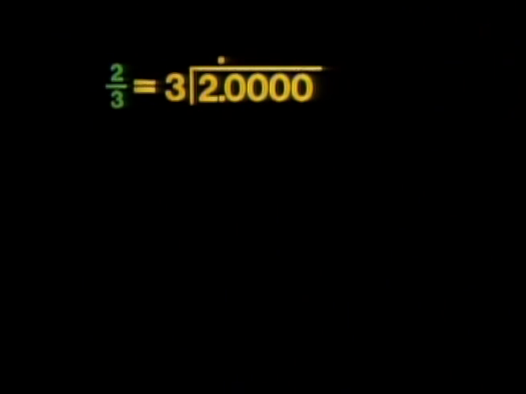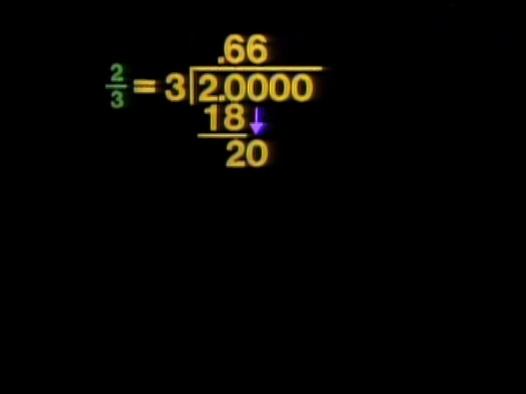The first digit of the quotient is a 6. 6 times 3 is 18. 20 minus 18 is 2. Bring down the first 0. Second digit of the quotient is also a 6. Repeat the process.